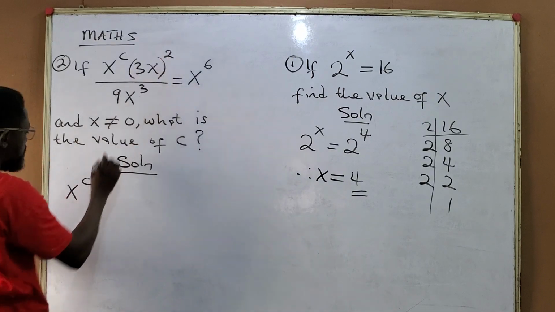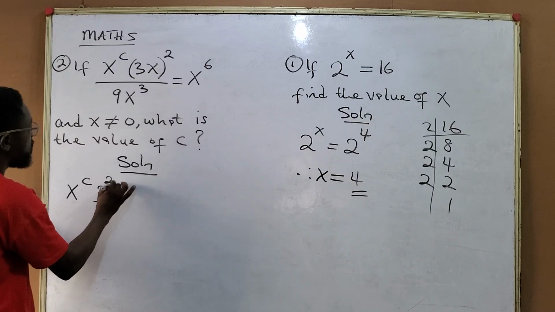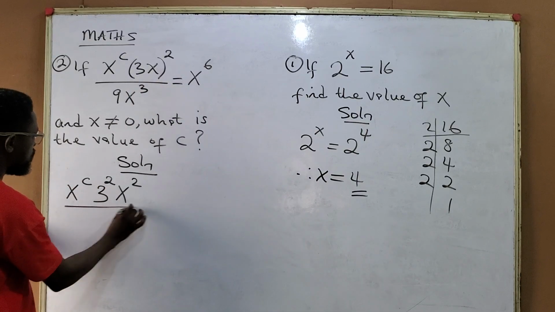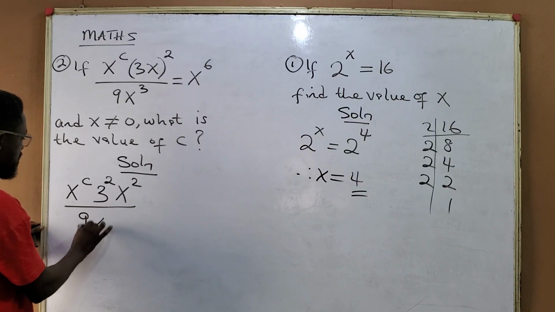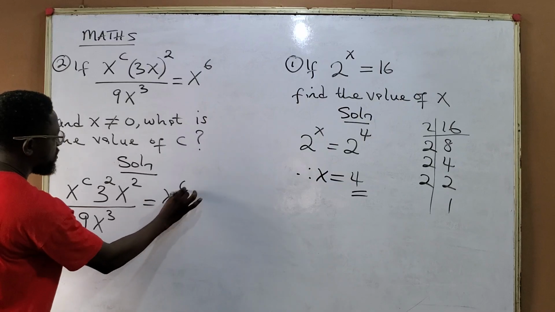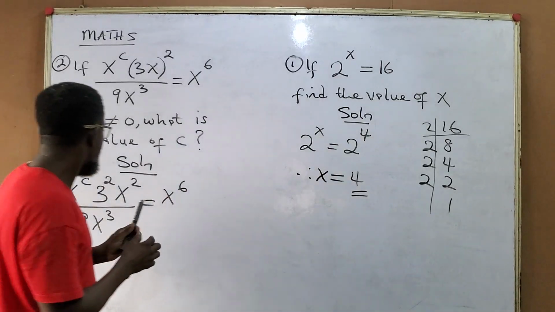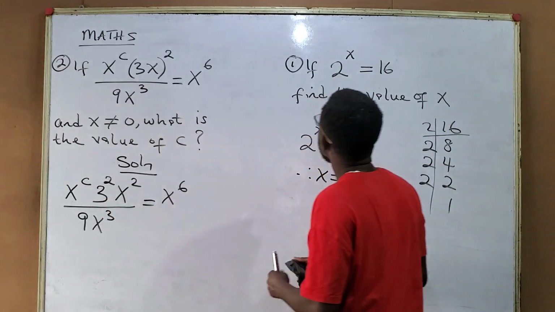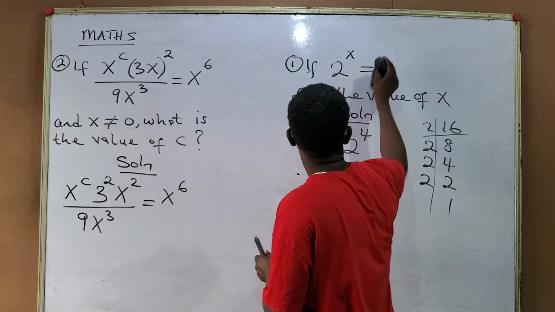This 3 will be affected by the power 2, so we have 3 to the power 2. And we have x to the power 2 all over 9x to the power 3 equals x to the power 6. So now, if we solve this one, 3 to the power 2 means 3 times 3.